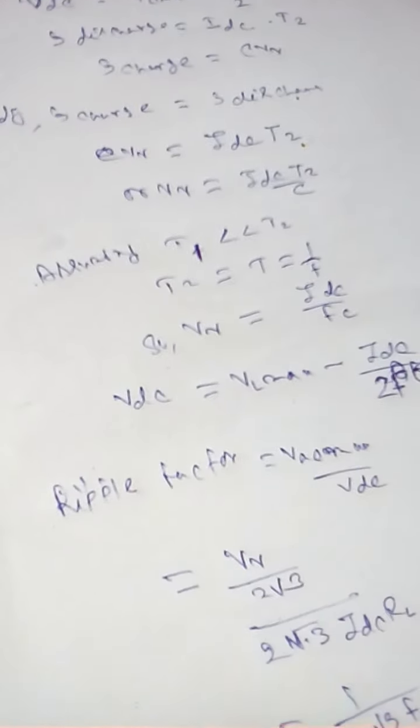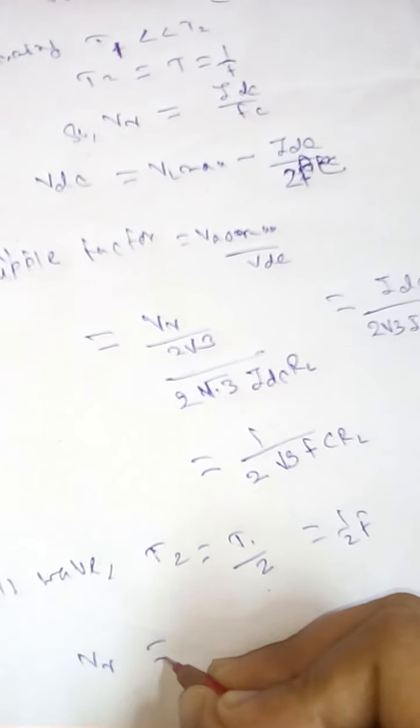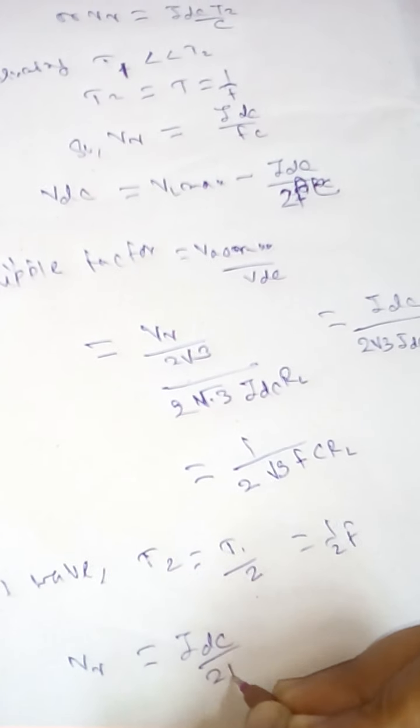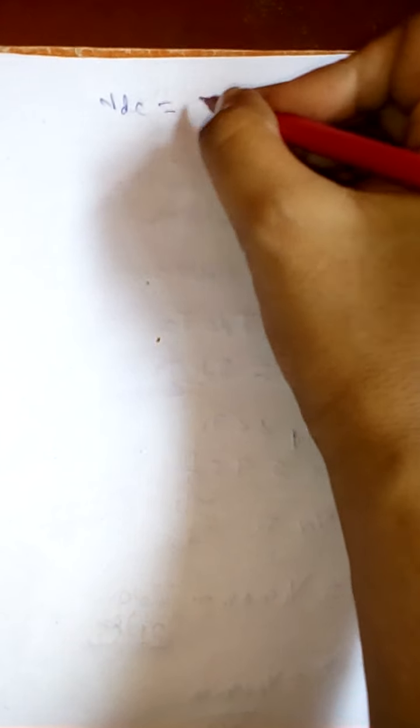So we write that equation: VR we get IDC by twice FC, and next VDC equals VL max minus VR by 2, so VL max minus IDC by 4 FC.